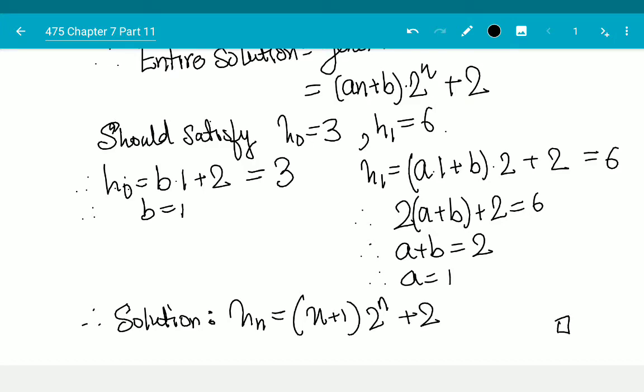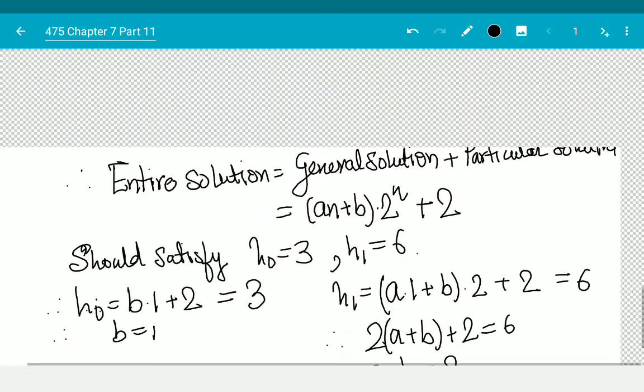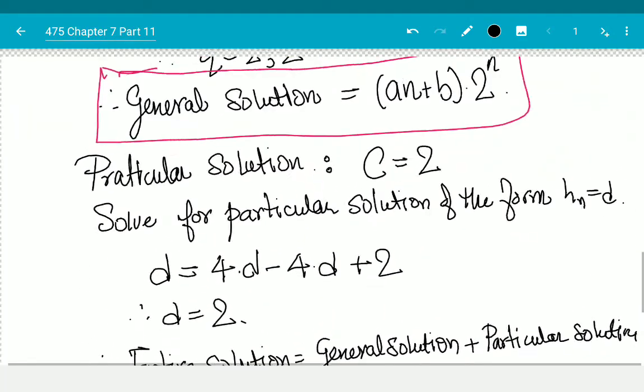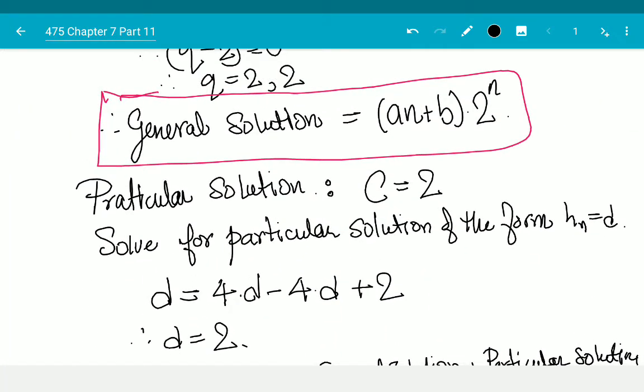Okay, so this is the method you want to use if your c is a constant. Maybe I should have used a different color. If c is a constant.